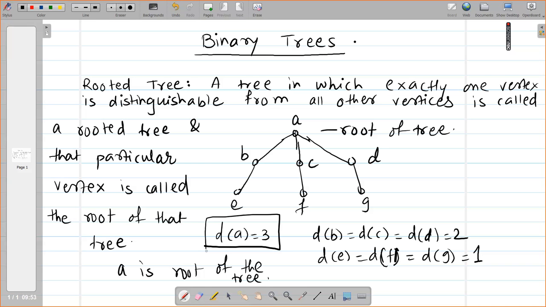Okay, now we are giving some special features to this rooted tree that will make it binary now. Binary means 2. So from every vertex, there will be 2 branches coming out. Have you finished writing this?